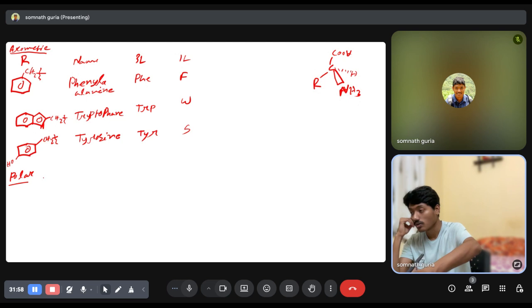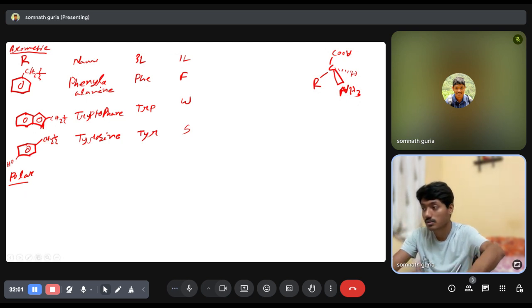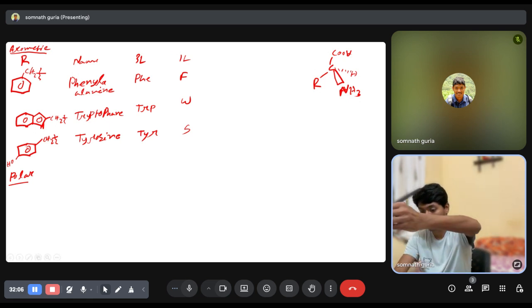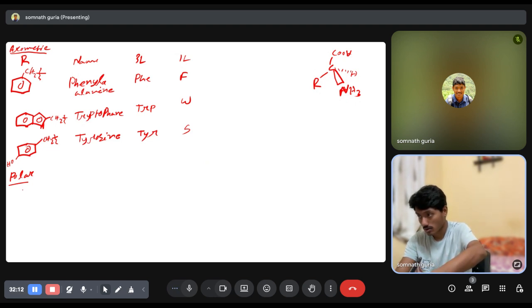Now if we introduce some polar group, what groups can we find? Let's suppose in case of polar group, we have CH2OH.